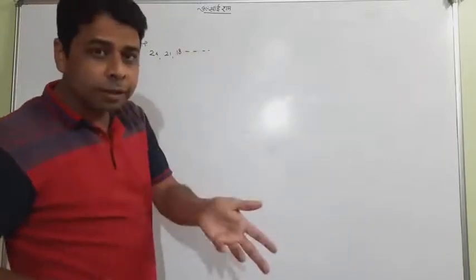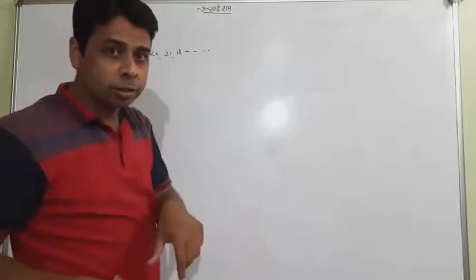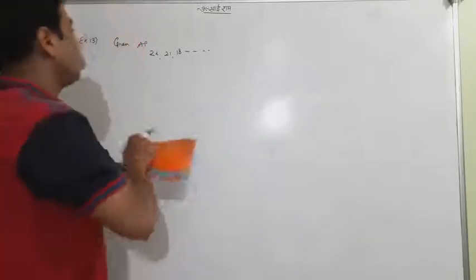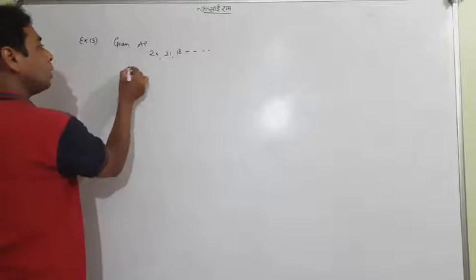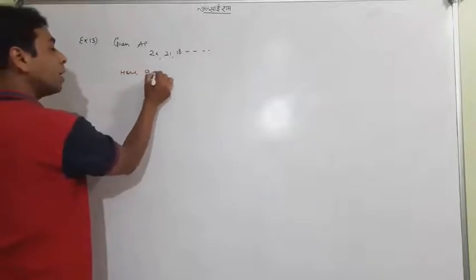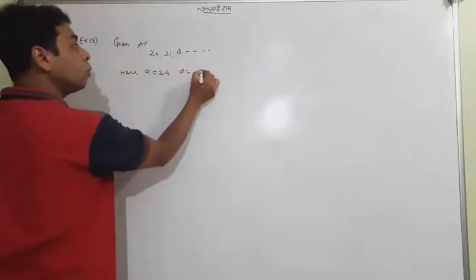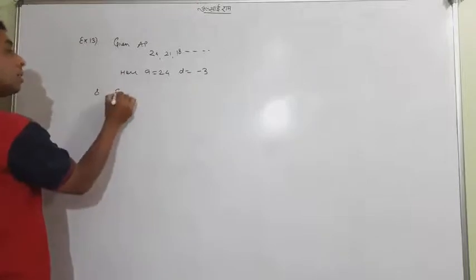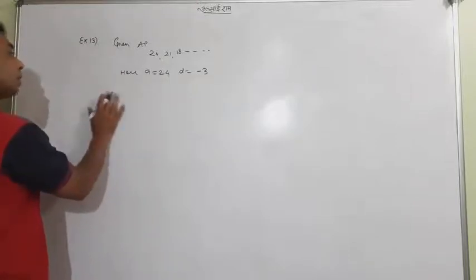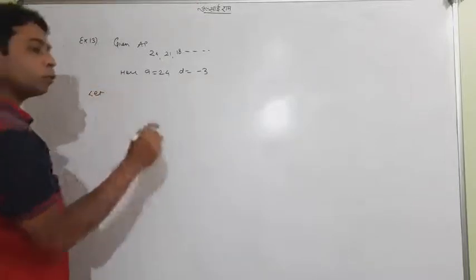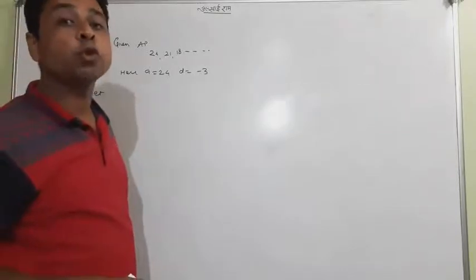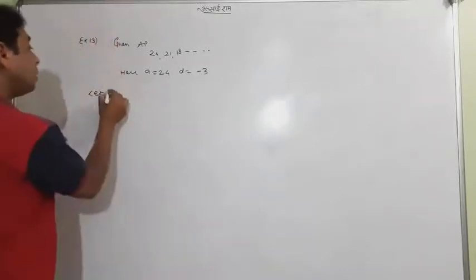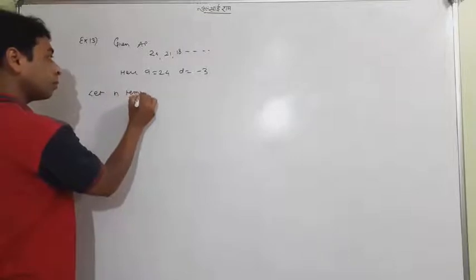The sum is given and we want to find the number of terms, that is, how many terms should be taken. Given the AP, here A equal to 24, D equal to minus 3, and let n terms be taken. Look at what the question was: how many terms should be taken. I'll say let n terms be taken.